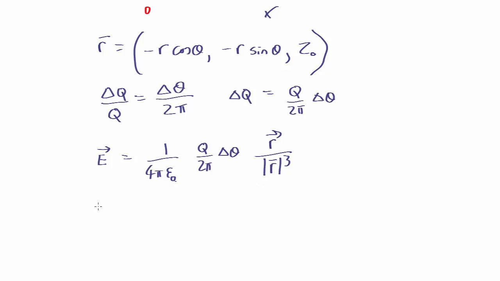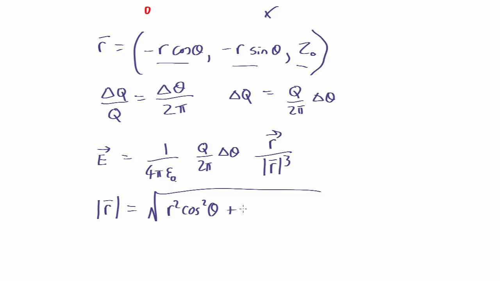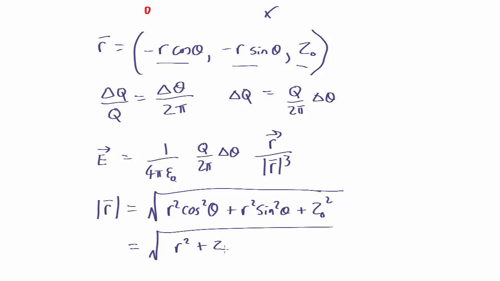So if R is this, mod R is going to be the square root of this squared plus this squared plus this squared. So it's going to be r squared cos squared theta plus r squared sin squared theta plus z0 squared. Now if you remember from your trigonometry, cos squared plus sin squared equals 1, so that's just going to be equal to r squared plus z0 squared.